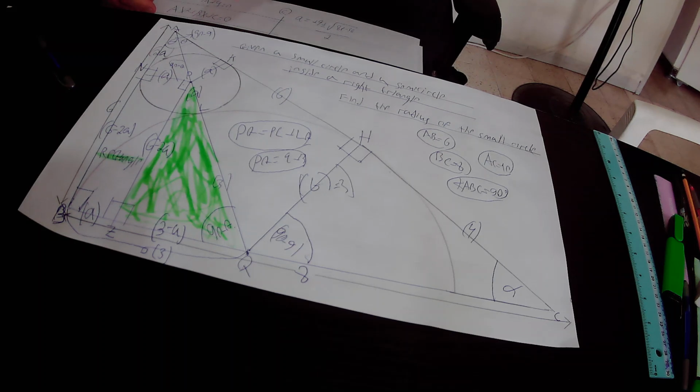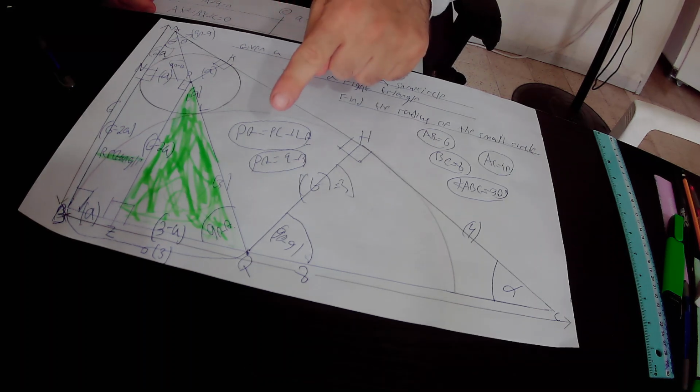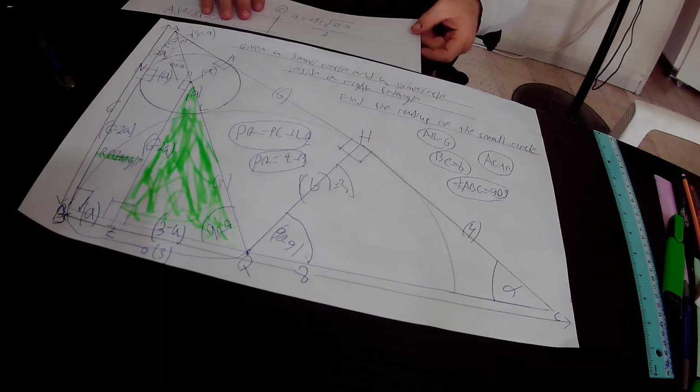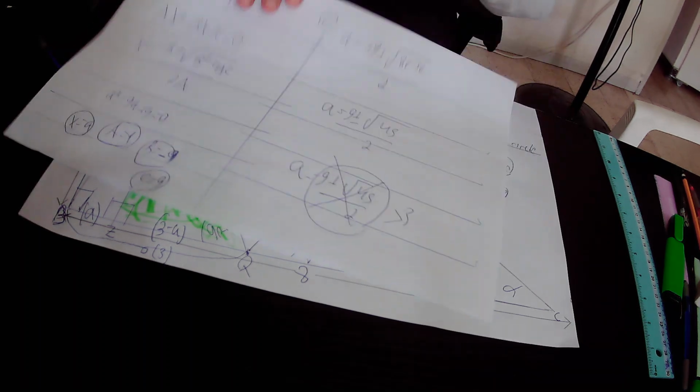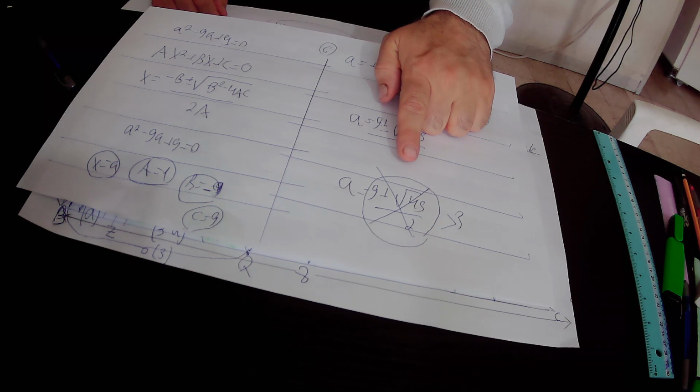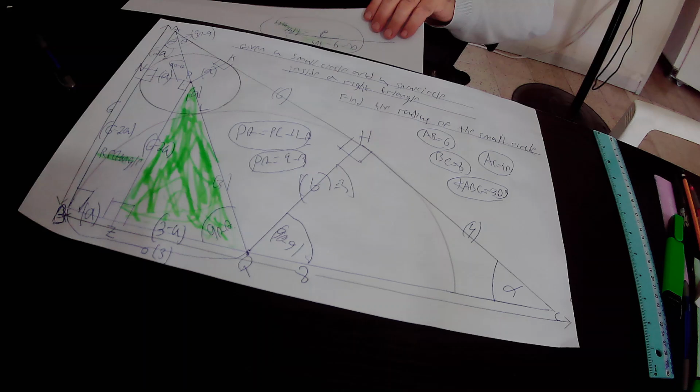And the radius of this small circle must definitely be less than 3 units, because it is less than the radius of this big semicircle, that is 3. So the possibility that the radius a of the small circle is greater than 3 is the incorrect possibility. We cancel that solution, and we are left only with the second solution that is possible for a.